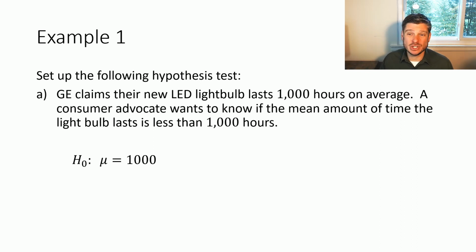We need to take GE at their word and assume that what they're telling us is true until we can collect evidence that proves otherwise. Then our alternative, what the consumer advocate wants to know, is whether the actual average is less than 1,000. So his alternative, H1, is going to be that mu is less than 1,000.